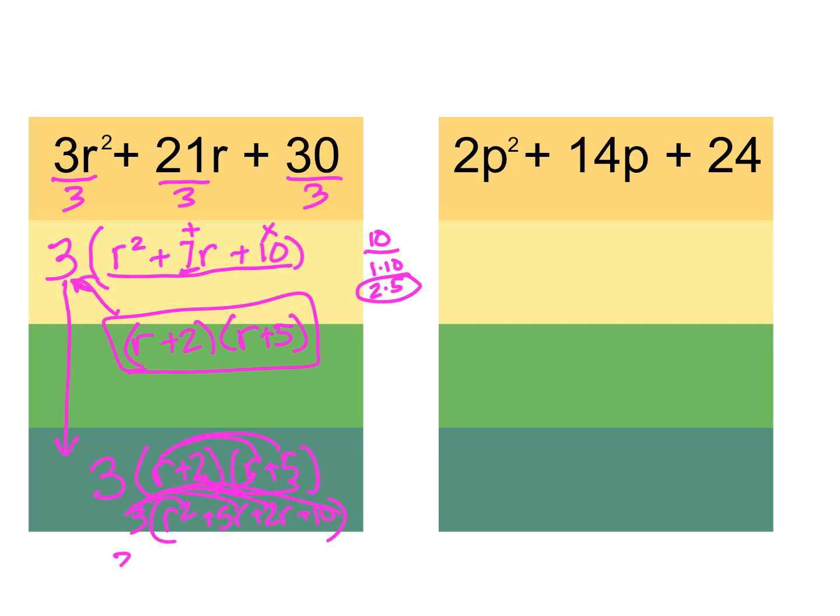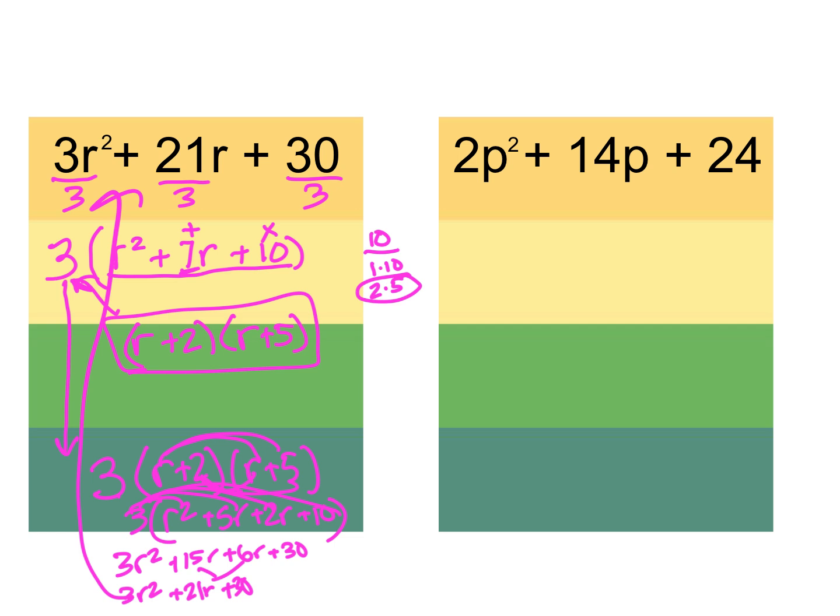And I get 3r squared. I get 15r. I get 6r. And I get 30. When you put these two together, I now have 3r squared plus 21r plus 30, which is exactly what I started with up here. So I can always check and go back with my work.